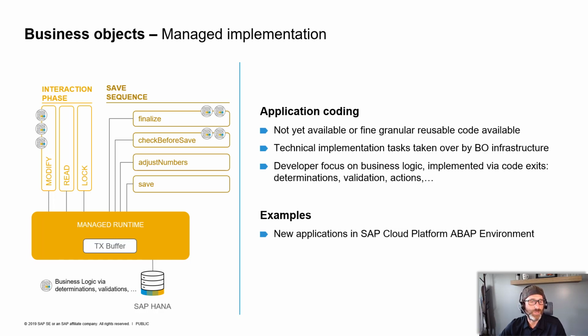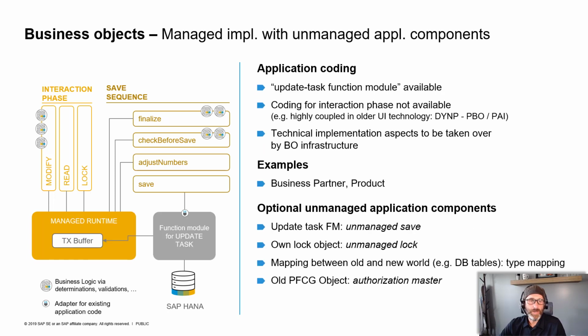implementations or custom actions. So then we have a scenario where we have a hybrid approach, or a mixed scenario, where we have a managed implementation with some unmanaged application components. So let's say that we don't have any interaction coding, but we have coding that we need to implement for the save sequence.